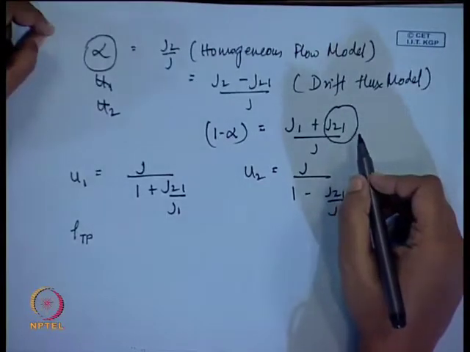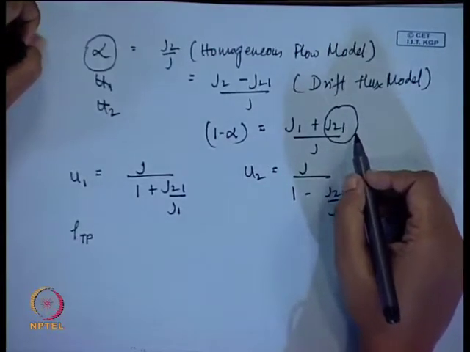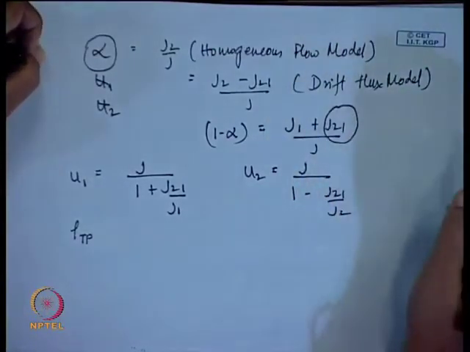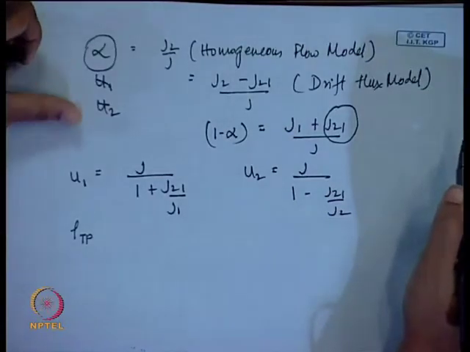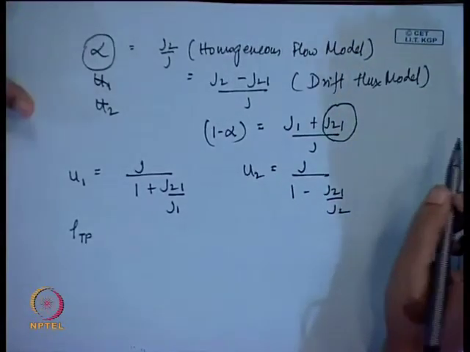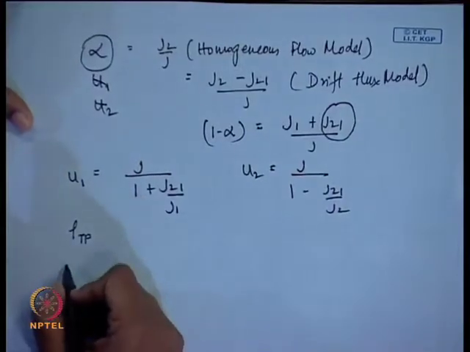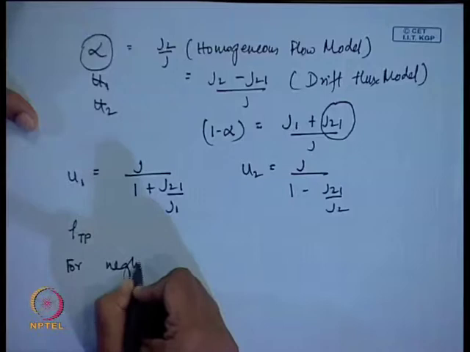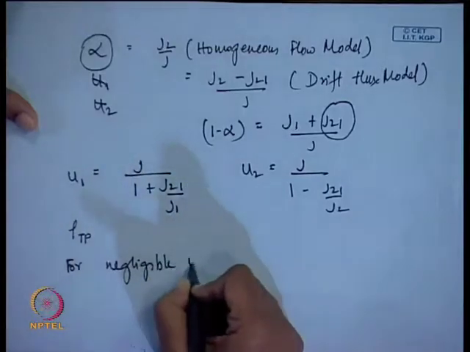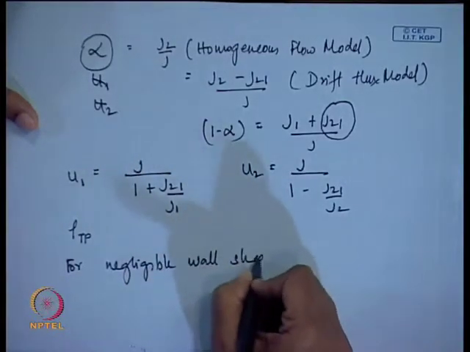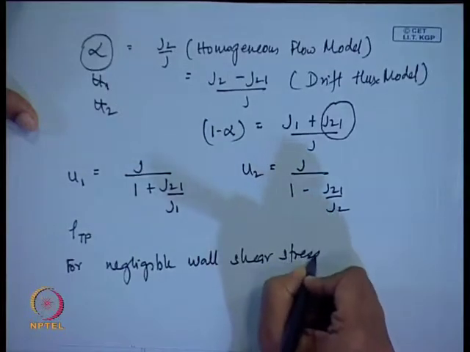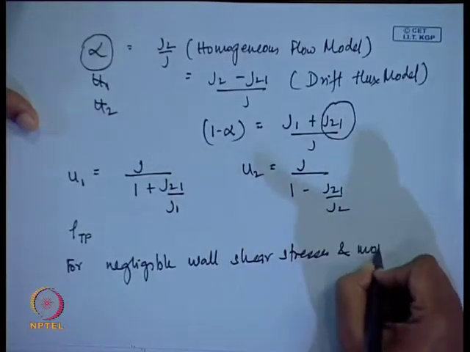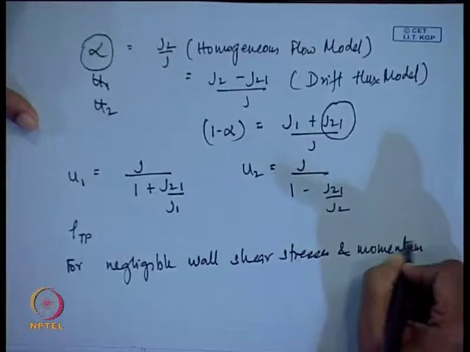So, therefore, if relative motion is important, then naturally J21 becomes important and we need to find out J21. We had already found out that for negligible wall shear stresses, and momentum flux, this we had already derived.